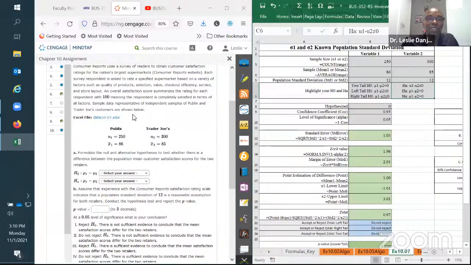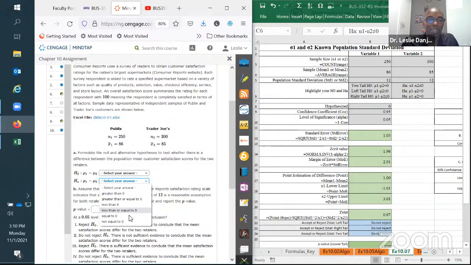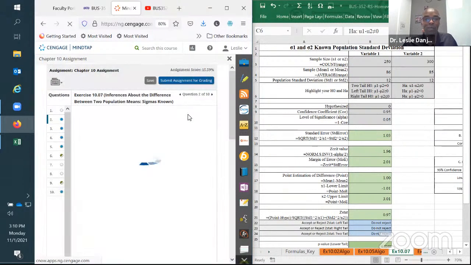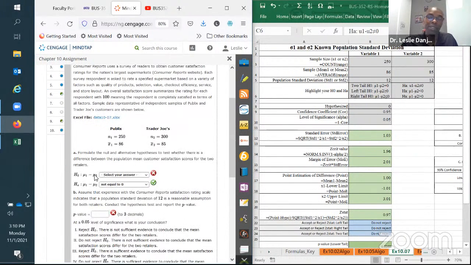I'm looking for anything that says increase in, decrease in, larger than, or less than for the two retailers. I'm going to make the assumption that this is not equals to in the alternative. Check my work. So this is a two-tailed test.